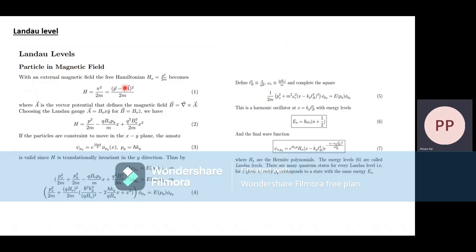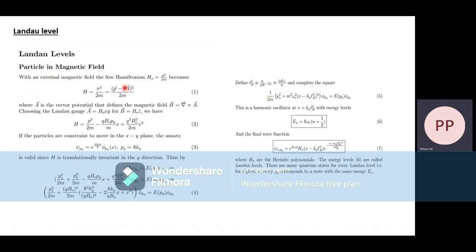The vector potential is along the y direction and its magnitude is B naught times x, so it has some x dependence. To cross check, the magnetic field is B naught z cap, acting in the z direction with magnitude B naught. To verify, you take the curl of the given A, and you will end up getting B naught z cap. Okay, that's the check for this.